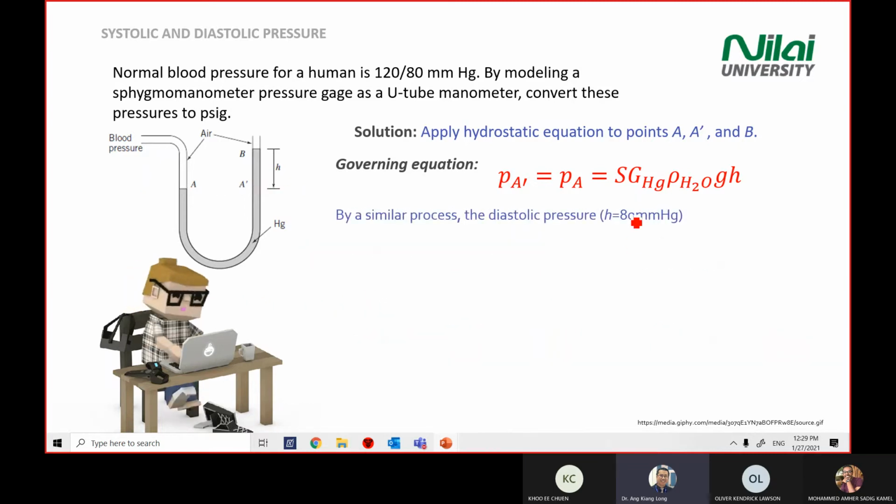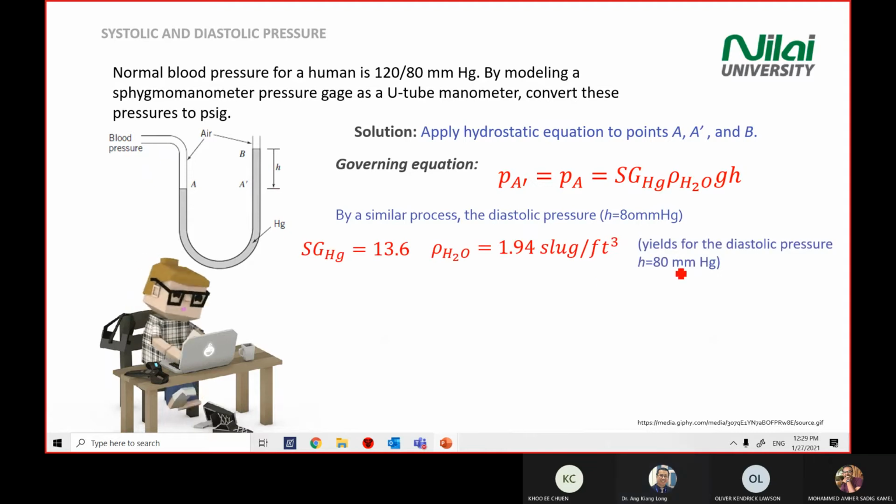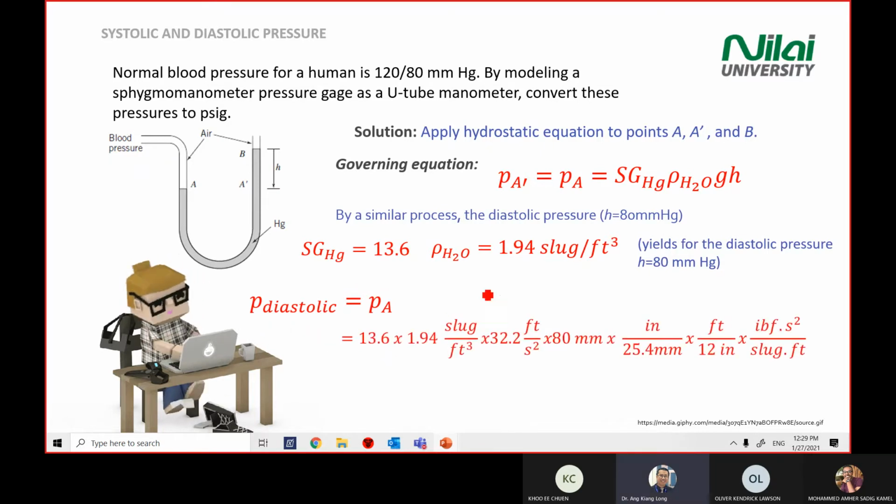Another one is the 80 mm mercury, and in medical terms, 80 mm mercury is called diastolic. So again, you change the h value inside the calculation, because your equation is PA equal to SG rho g h. Just now your h was 120.